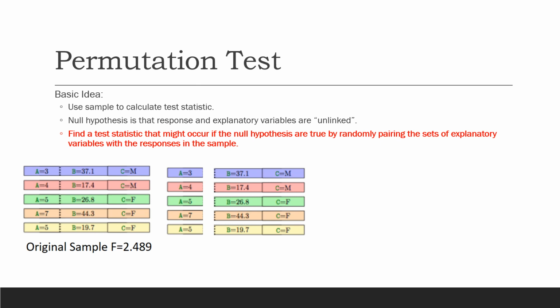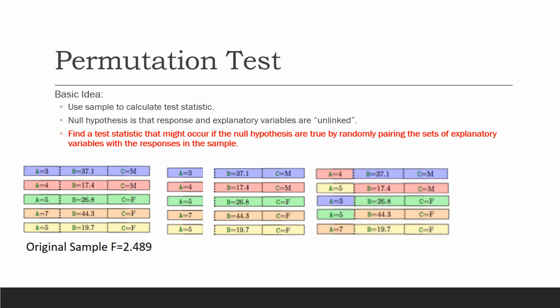And then I need to find a test statistic that might occur if the null hypothesis were true. I'm going to do this by randomly pairing the sets of explanatory variables with the responses in the sample. So you can see here, I've taken these responses and shuffled the order of them so that they're now paired perhaps with a different set of explanatory variables. This is what's called the permutation part.